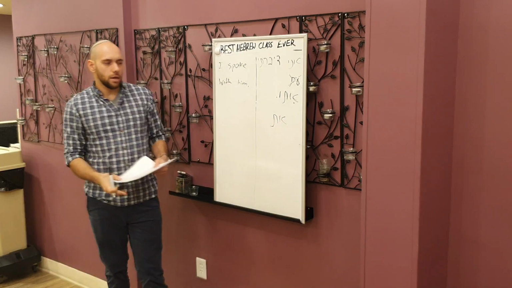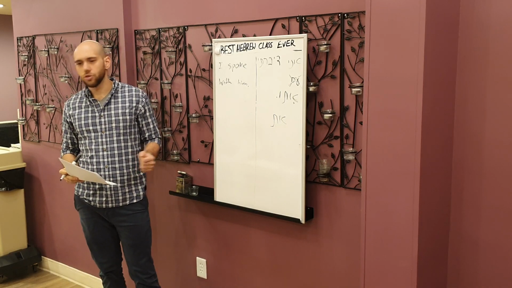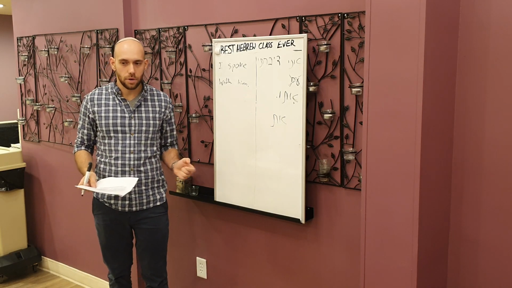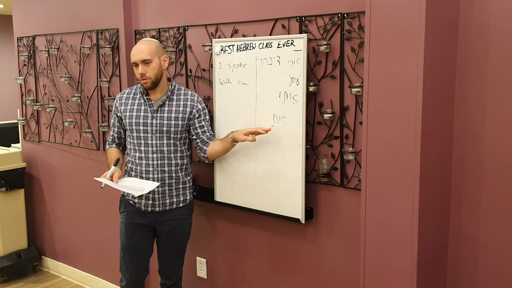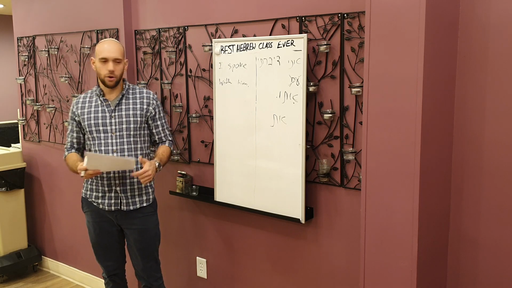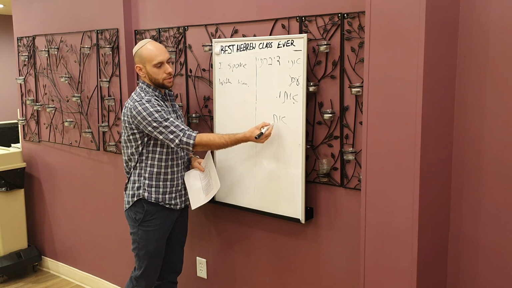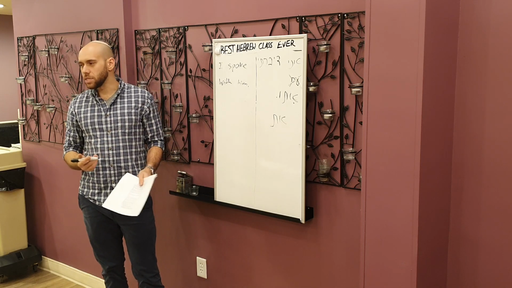It's actually a direct object marker. There's no translation for the word et, other than sometimes it means "with," that's in the Bible. But otherwise, most times all it's doing is saying the next word that follows it is going to be the direct object of the sentence.